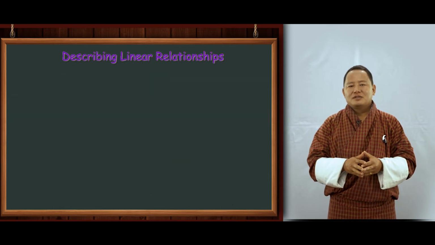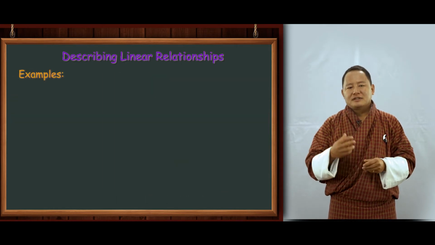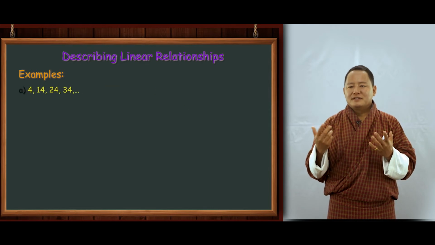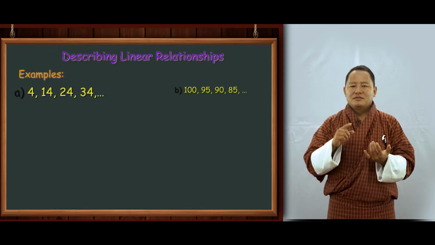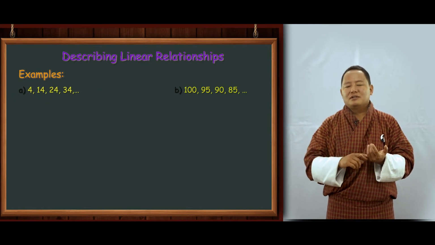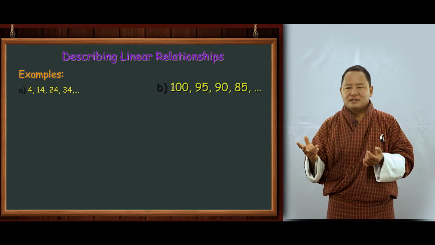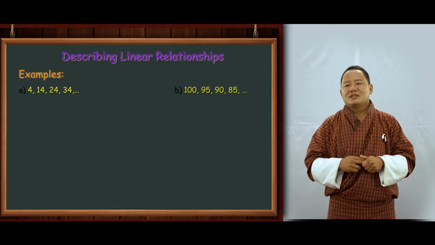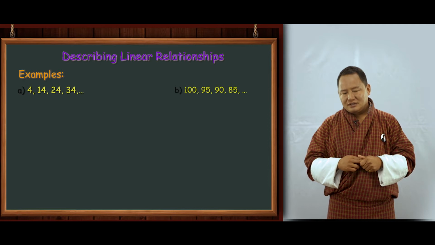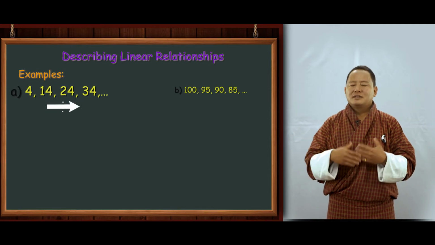Okay, children, so some more examples. Now there are two examples, example A and example B. Actually they are relations. Relation A: 4, 14, 24, 34 and so on. Relation B: 100, 95, 90, 85. In these two relations, what can you say? The first one is increasing. Increasing by how many?